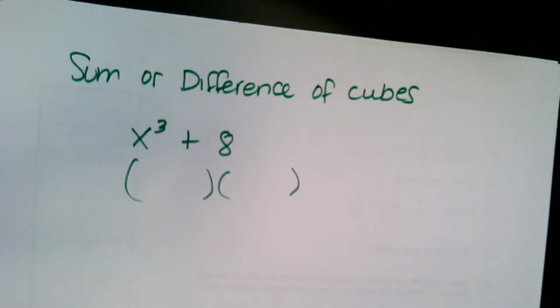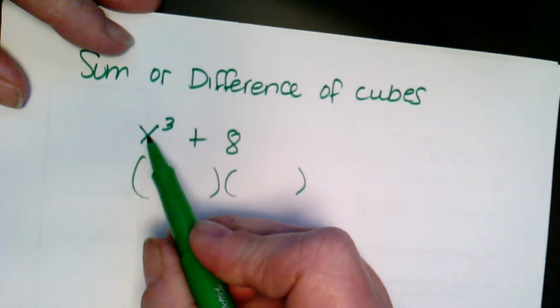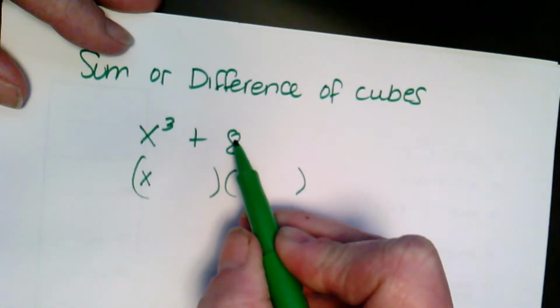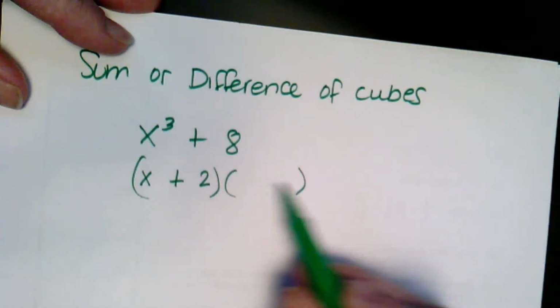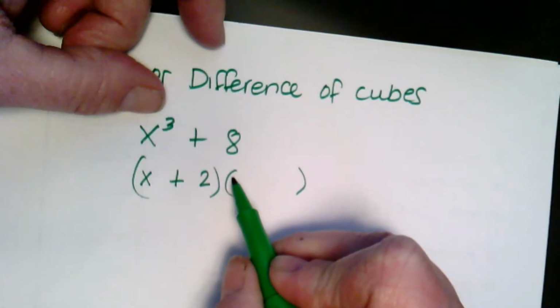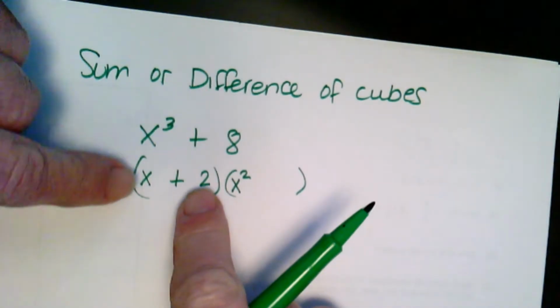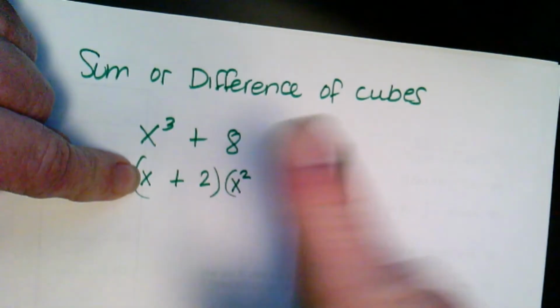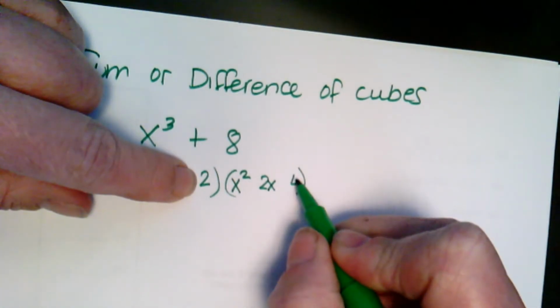So now we have a formula, however. I'll show you where it comes from. Take the cube root of this and the cube root of this, and we put a plus in there. Then to figure out what goes in the other set of parentheses, we square our first, we multiply these two together, and we square this.